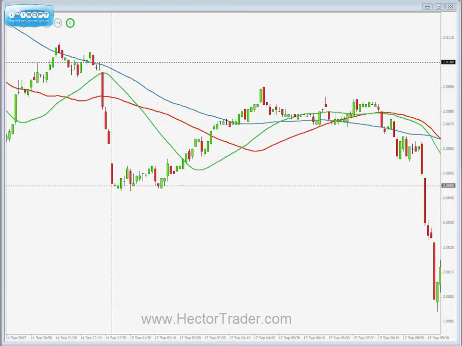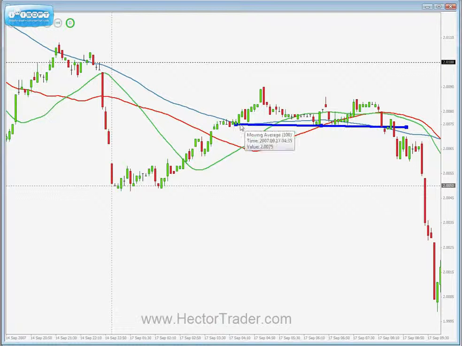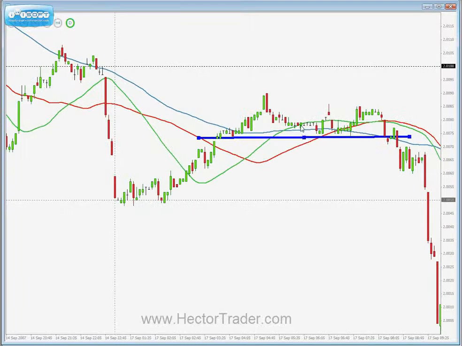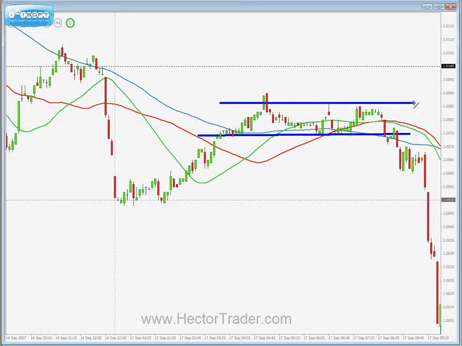In fact, let me mark it with actual trend lines. One second guys, let me readjust it there, and now we have the top band of that channel.